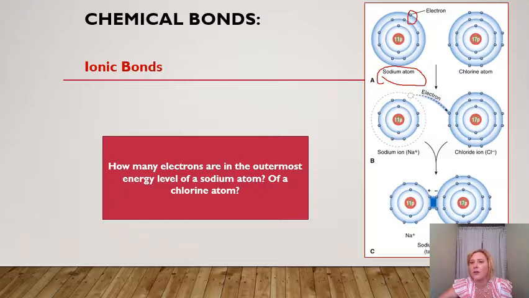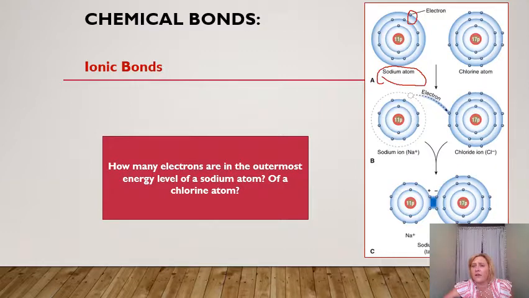So in order to follow that octet rule, sodium will either have to gain 7 electrons, or it will have to give up 1 electron. If it gives up 1 electron, which is the most plausible thing it could do, it's a lot easier to give up 1 electron than to gain 7 electrons.